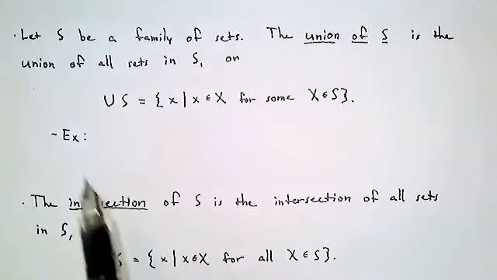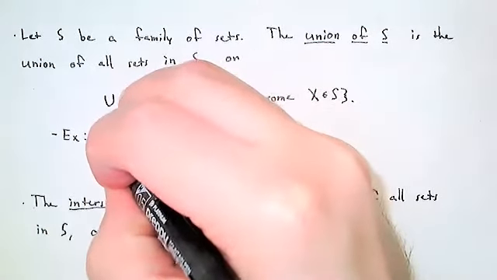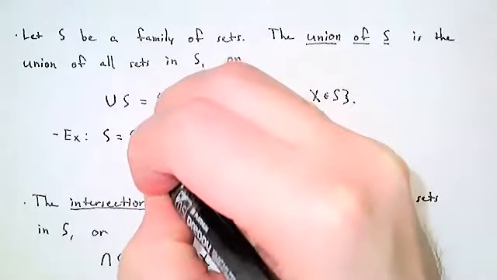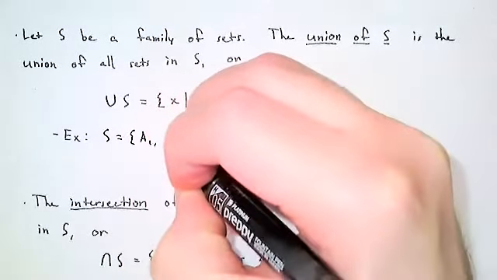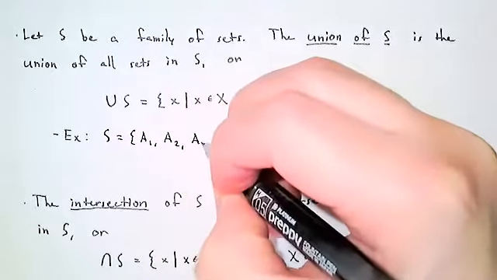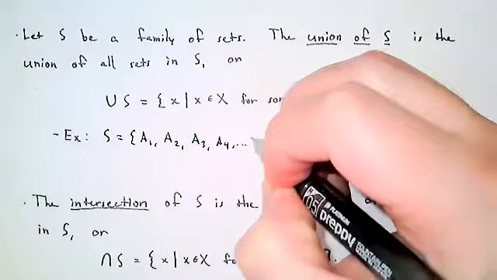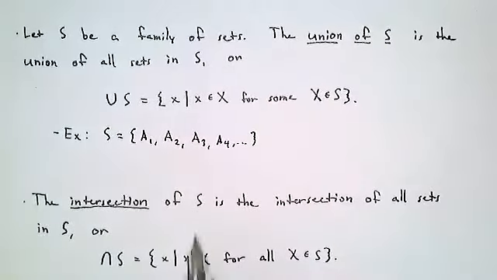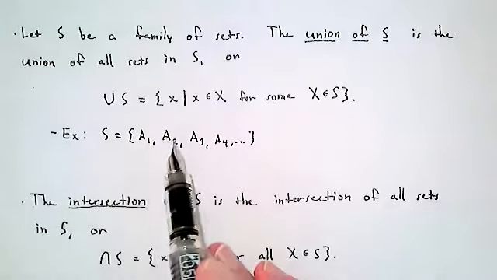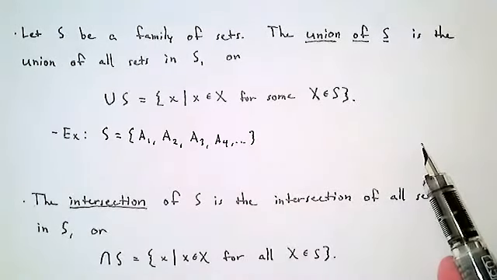And for this example, I want to start talking about bigger sets because we have to be able to think about them. So my family is going to have an infinite number of sets inside of it, and I'm just going to label them. Okay. So S is going to be a big set. It's going to have A1, A2, A3, A4, A5, and off to infinity inside of it.